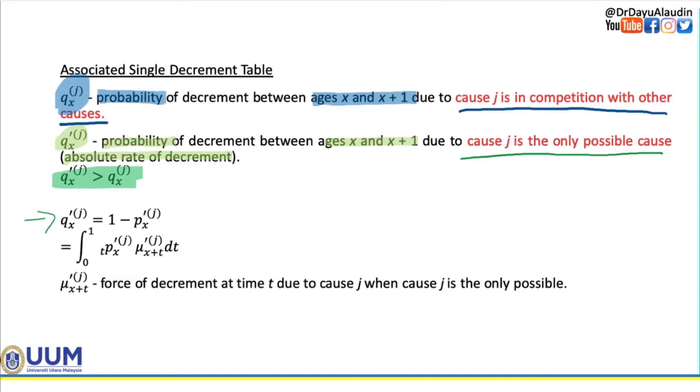The PDF is ₜp_x^(j)' μ_(x+t)^(j)', where μ_(x+t)^(j)' is the force of decrement at time t due to cause j when j is the only possible cause.